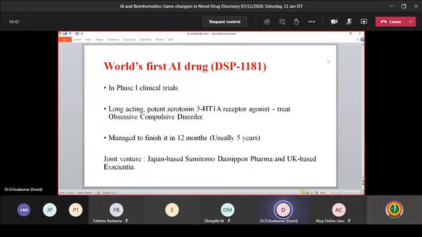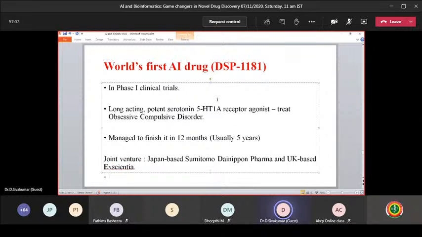Are there any drugs? Yes, there is one drug currently in clinical trial, for OCD, which is a 5-HT1A receptor agonist, from a joint venture of a Japan-based company and a UK-based company. They used Exscientia as an AI model.